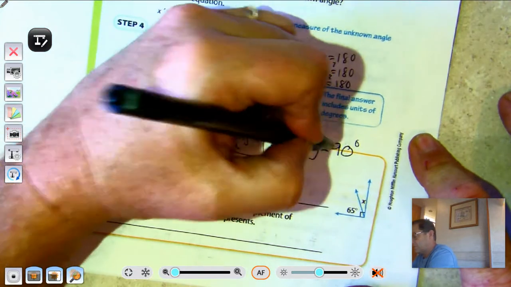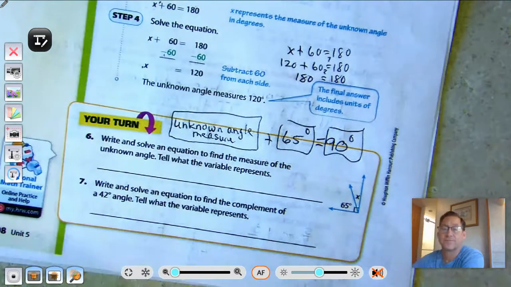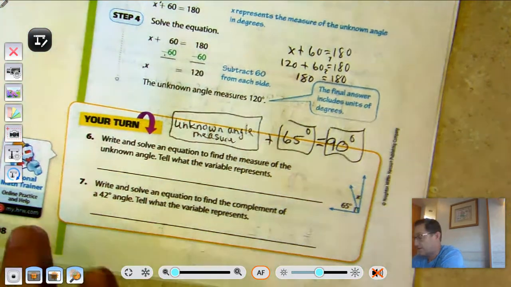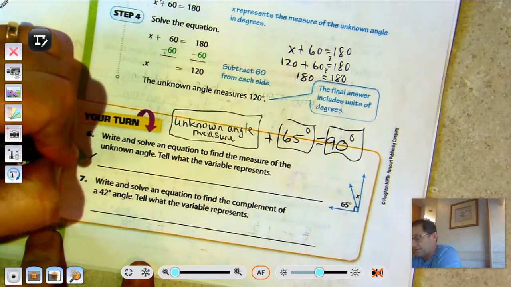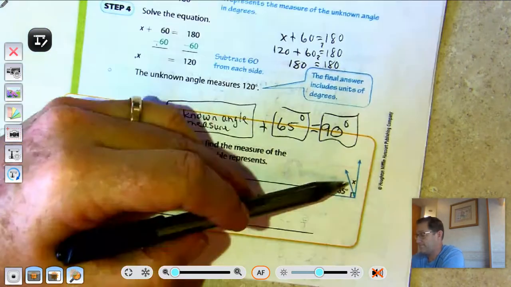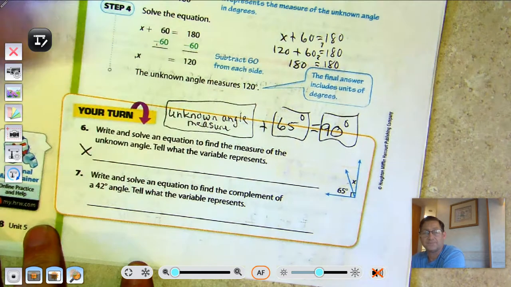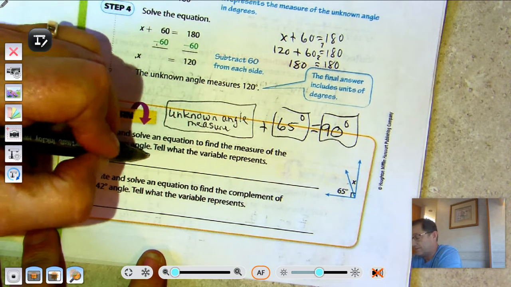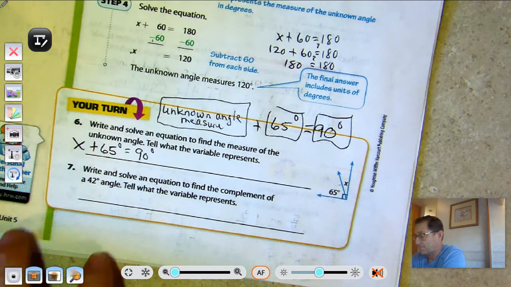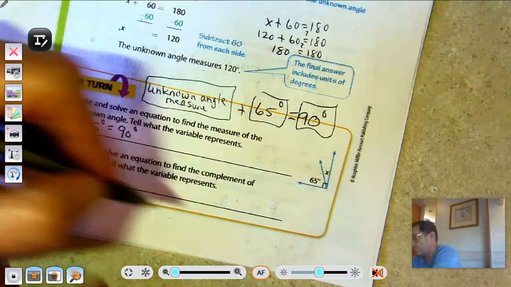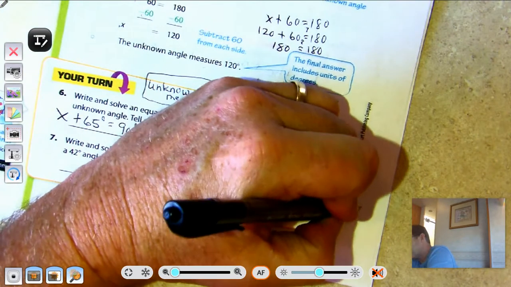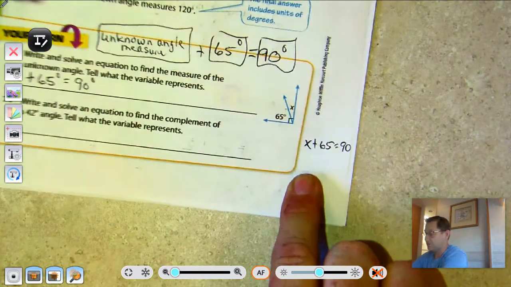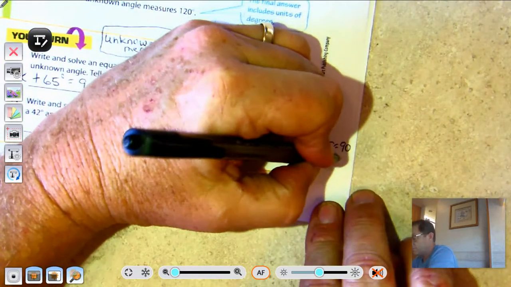Okay, so those are our three model boxes for this equation. And so we would write the equation as the unknown measure, x, right? The unknown angle is x, plus the known, 65, equals 90. All right, so this equation has addition, so I'm going to subtract from both sides.